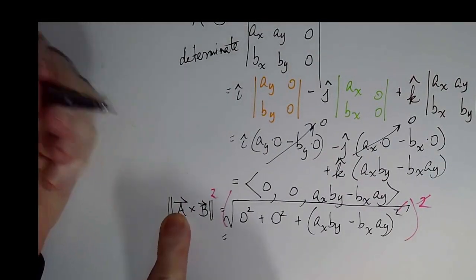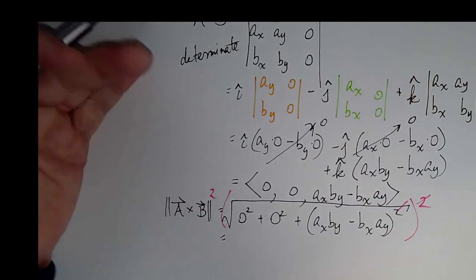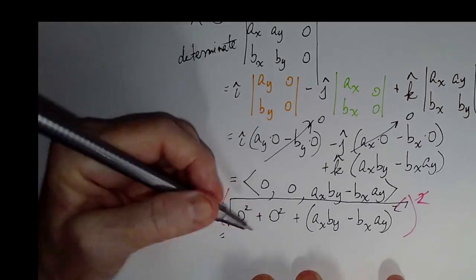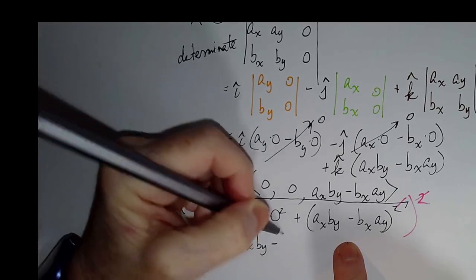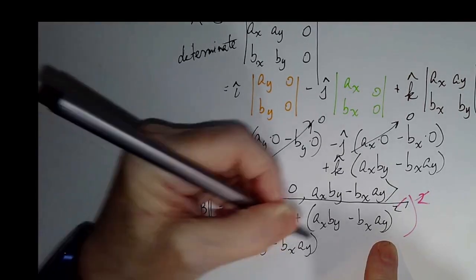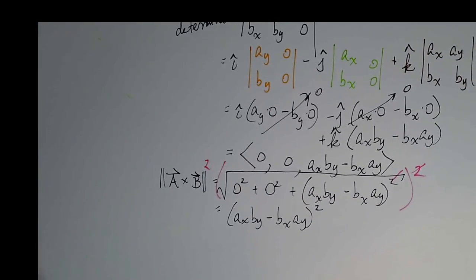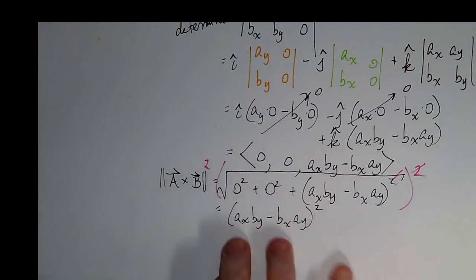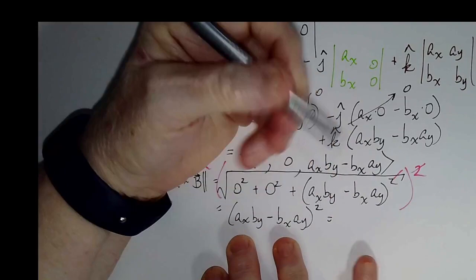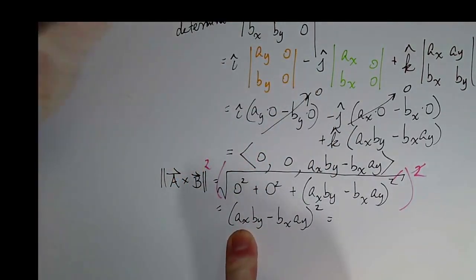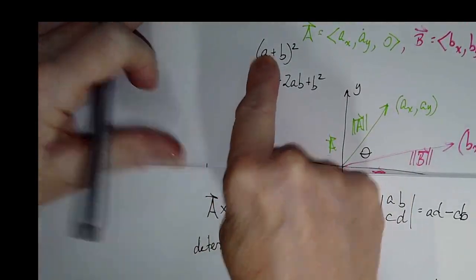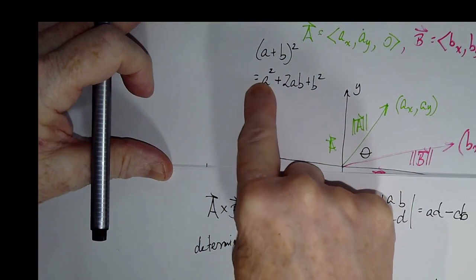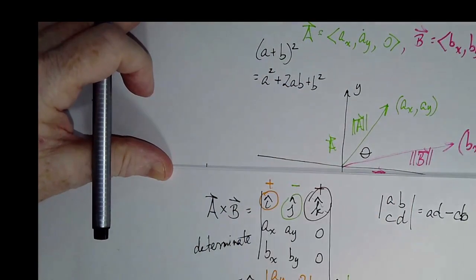So the magnitude of the cross product squared is AXBY minus BXAY all squared, if A and B live in the plane. Well, let's go ahead and multiply this out because, heck, why not? We said that the rule for squaring a binomial A plus B is A squared plus 2AB plus B squared.